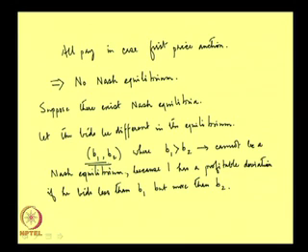What can be the other possibility? The other possibility is that the bids are the same, and suppose the bids are B. Can this be a Nash equilibrium?